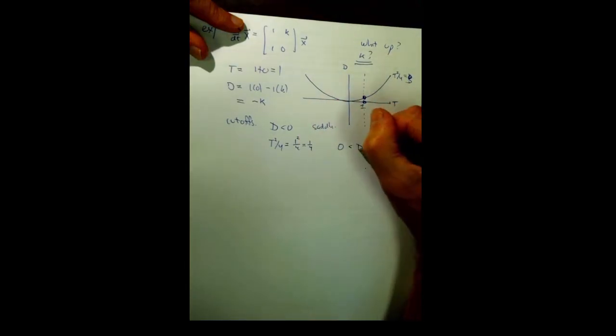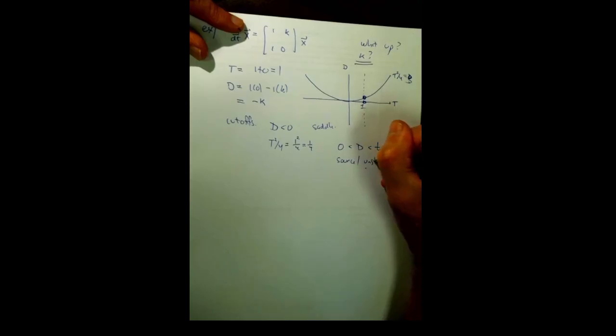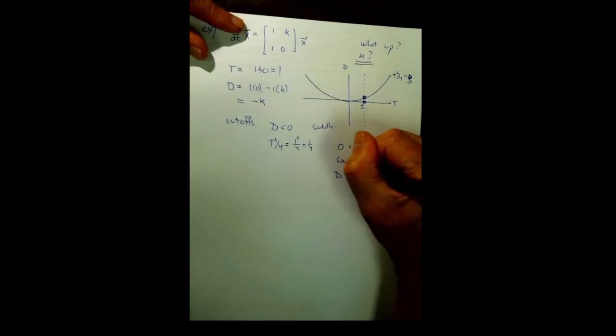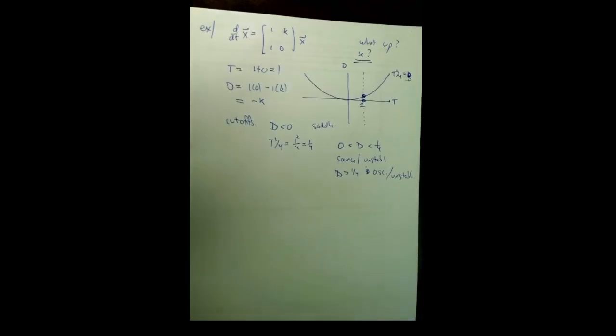So if d is between 0 and 1/4, it's going to be a source and unstable. And if d is greater than 1/4, it's going to oscillate and be unstable. So now I have to translate that into k's.